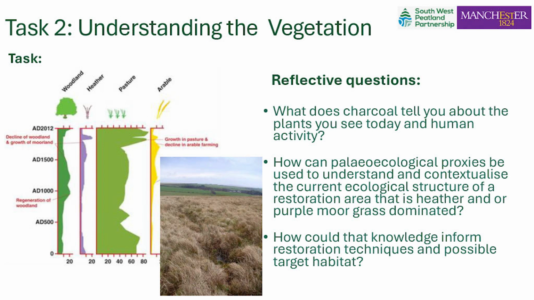How can we use paleo proxies to contextualize the current ecological status, thinking about how they show us disturbance in the past, and human intervention or climate in the past? And how could we transform that knowledge into how we approach our restoration, maybe like our vegetation targets or how we re-wet the site? So again, about 20 minutes. We'll be wandering around if you have any questions, but again, over to you. Thank you.